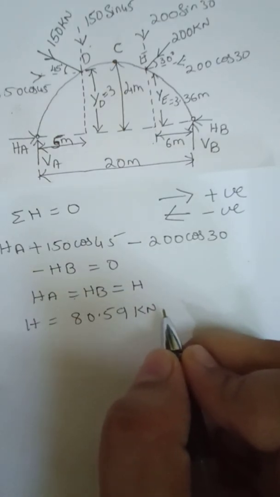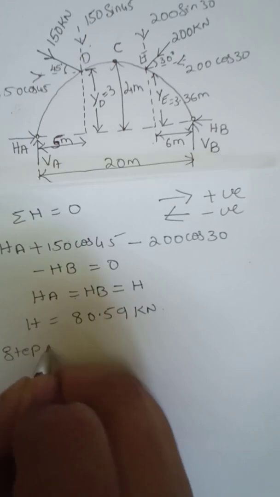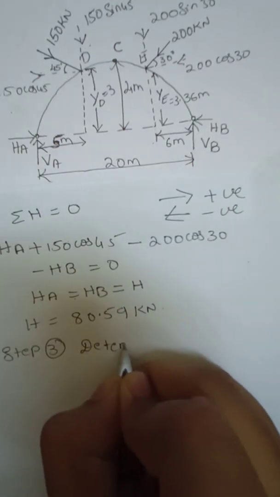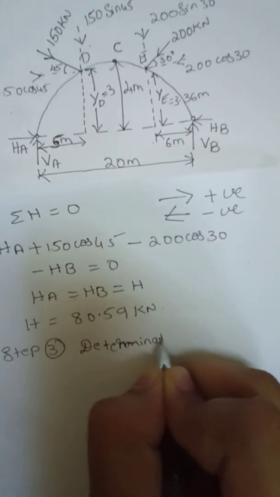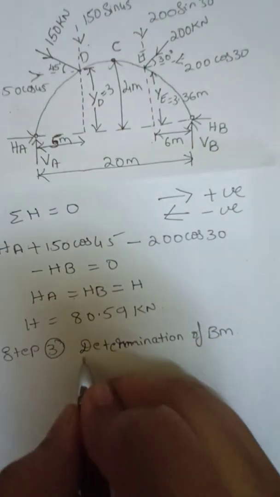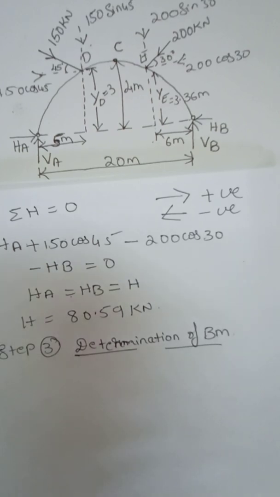After getting these values, the next important step is that we are supposed to determine the maximum bending moment. Here we are supposed to determine the bending moment exactly at the loaded points.